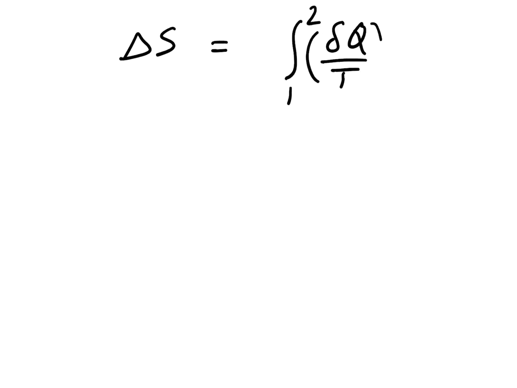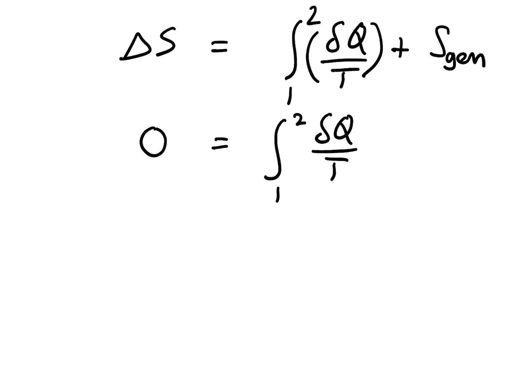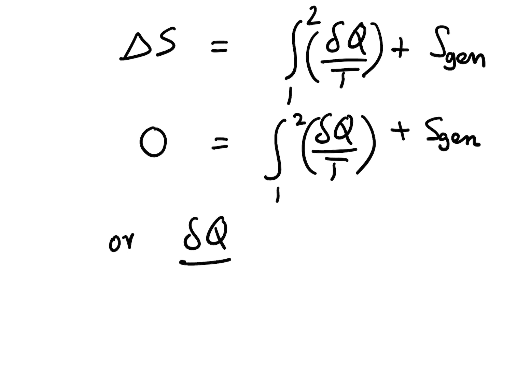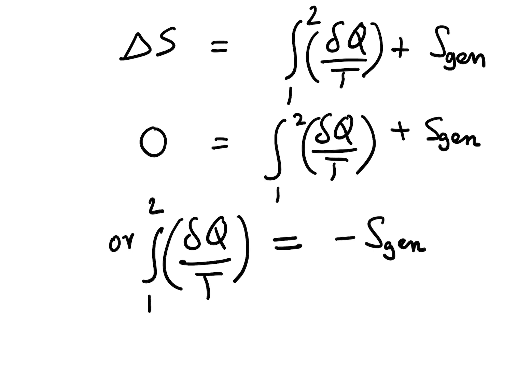If you take delta S to be equal to the integral from 1 to 2 of delta Q over T plus S gen, entropy would remain a constant if the left side is 0 and the amount of heat transfer exactly matches the entropy generation, or in other words, if the internally reversible heat transfer between the two states is exactly equal to minus S gen.